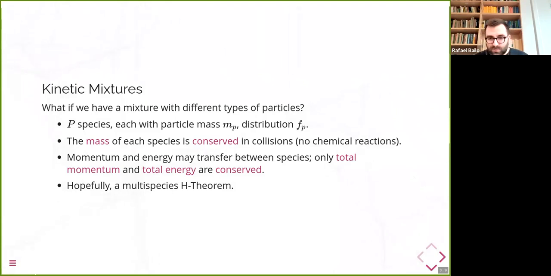So it's no longer true that the momentum and the energy of each f are conserved, but it's true that the sum of all of those momenta and those energies is conserved. And of course, one would really like a multi-species H theorem, an entropy dissipation result, because that way we can still think of this as relaxation dynamics and keep these intuitions.